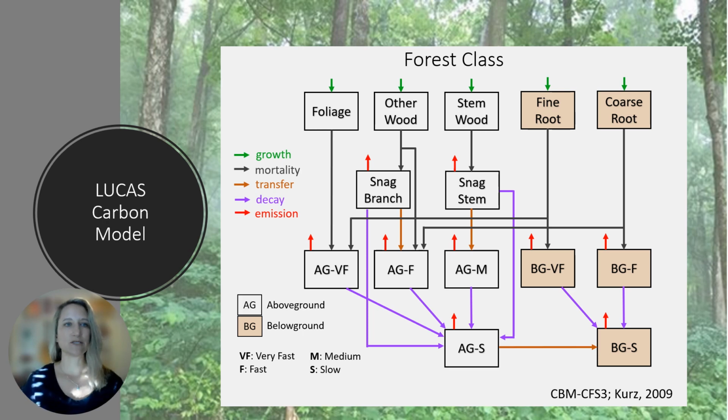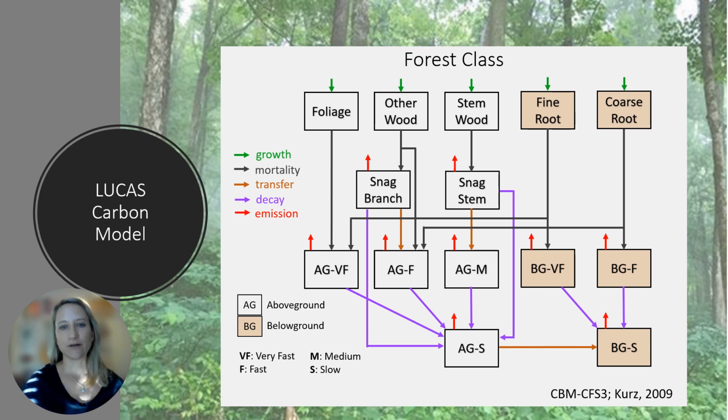For the carbon budget model, the main carbon budget model is based on this publication by Kurtz in 2009. It's the CBM CFS3, which parameterizes carbon stocks and flux in forests using IPCC Tier 3 parameters.